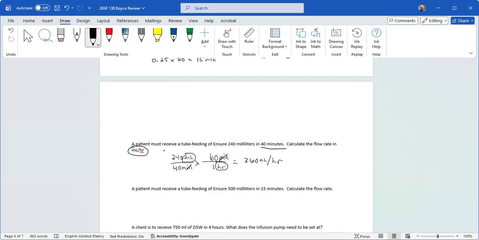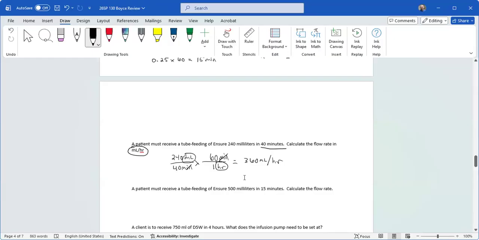If I had more Ensure there and it kept running, then they would get that extra 120 after the next 20 minutes passed. I just want you to see that and know that is what it's supposed to be. I don't think it's going to be convoluted; I think it'll be very straightforward. They just want to make sure you can convert hours and minutes, and that you don't divide by 60 when you're supposed to multiply by 60, because that'll give you the wrong answer.